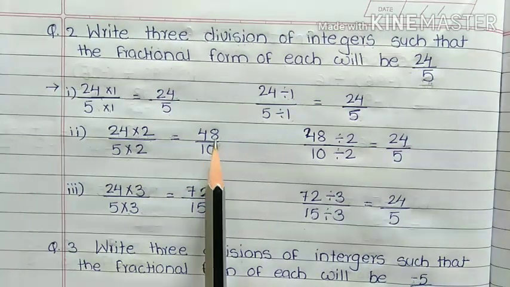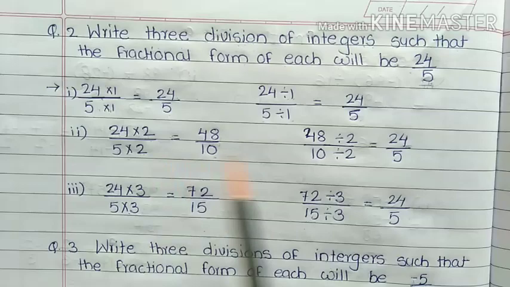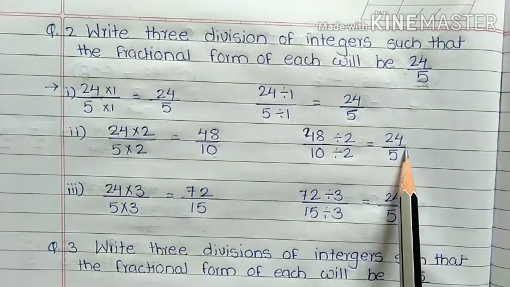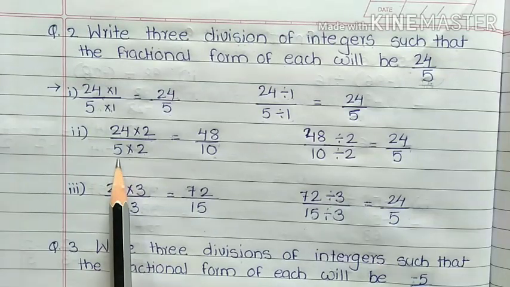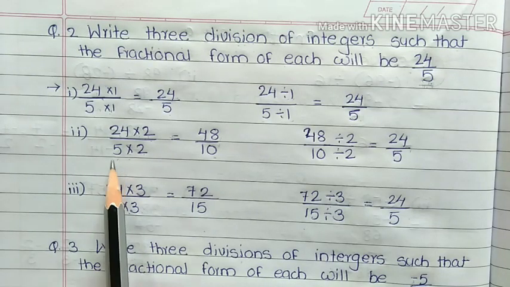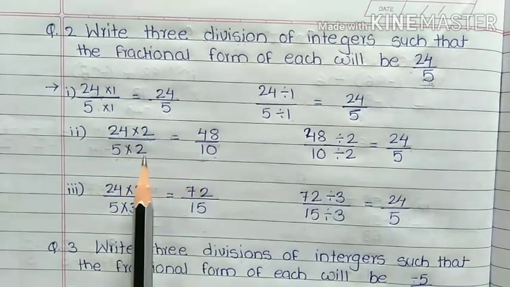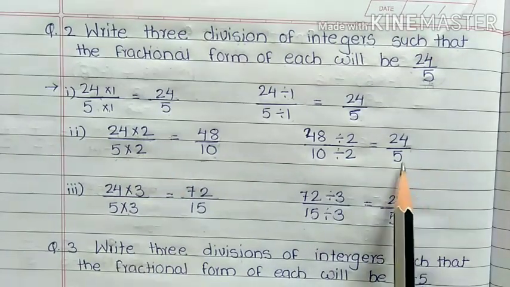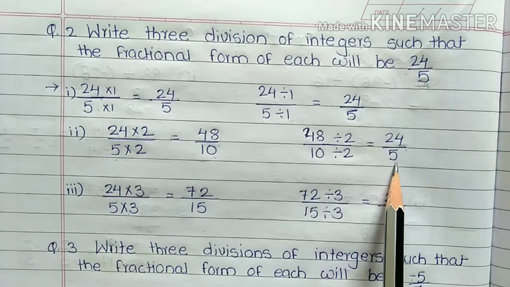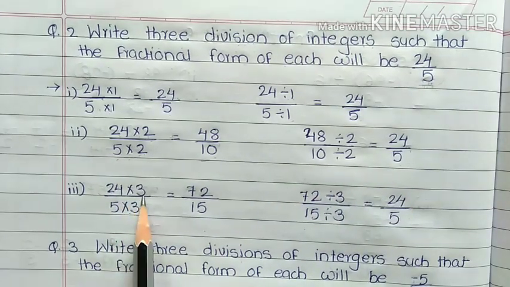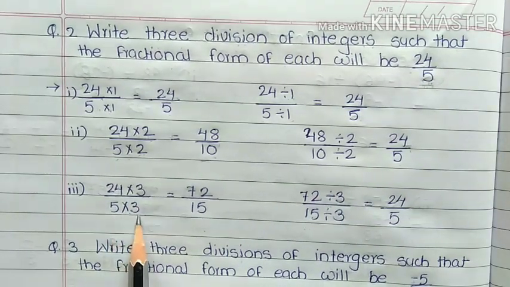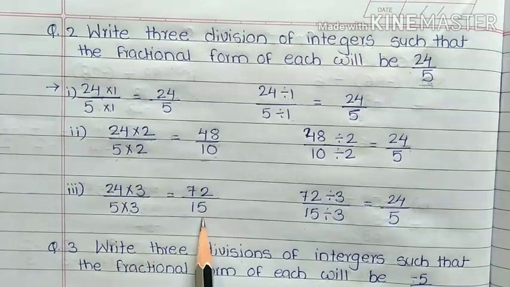When I divide 48 upon 10 by 2, I get my original fraction 24 upon 5. The same number multiplied to the given fraction, and the answer gets divided by this number to give the original fraction. 24 multiplied by 3, 5 multiplied by 3 is 72 upon 15.